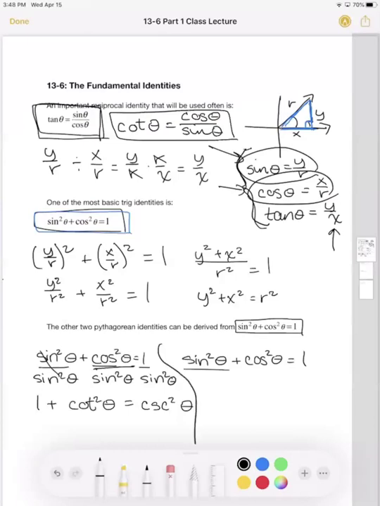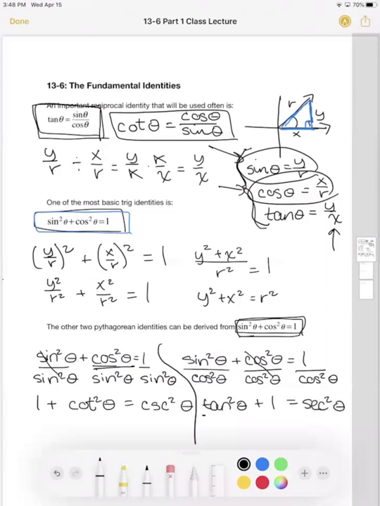I'm going to take the same original Pythagorean identity, and I'm going to divide everything by cosine squared theta. And sine squared over cosine squared, we learned, is tangent squared theta, plus 1 equals, well, 1 over the cosine is going to be the secant, and so I'm going to get secant squared theta.